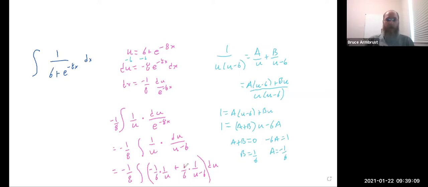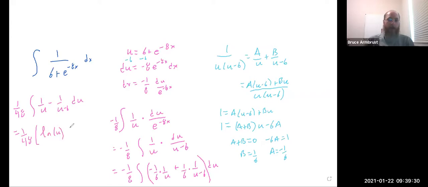I mean, I pulled a 1/6 out. I'll even pull a minus 1/6 out just to bring that all the way out front. So we get 1 over 48 times the integral of 1 over u minus 1 over u minus 6. And this one we can anti-differentiate. 1 over u is the natural log of u.